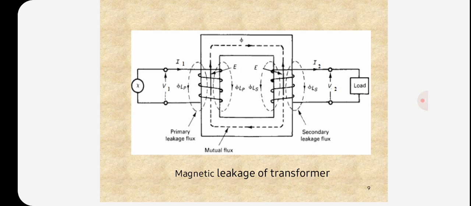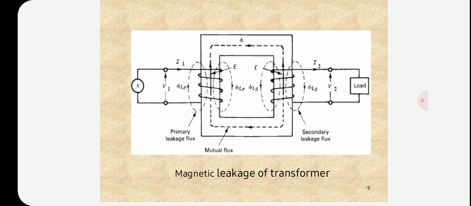The reactance of this inductive coil is known as leakage reactance. In other words, a transformer with magnetic leakage is equivalent to an ideal transformer with inductive coils connected in series with each winding. The leakage reactances of primary and secondary windings are X1 and X2.